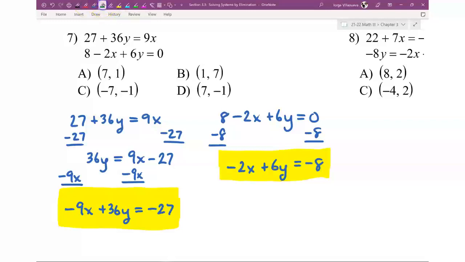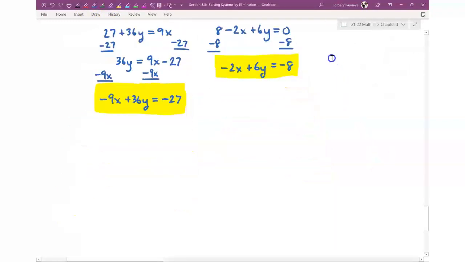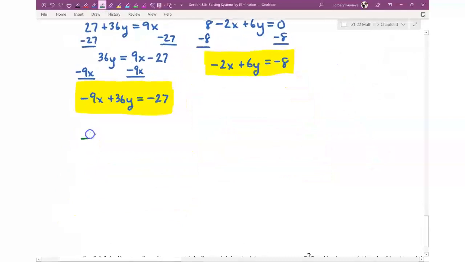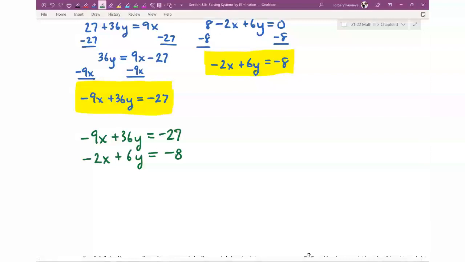So let me change the color for us. So good thing is I can zoom out a bit to kind of get this work here. Negative 9x plus 36y equals negative 27. And negative 2x plus 6y equals negative 8. So the decision, which variable would be easier to solve for?